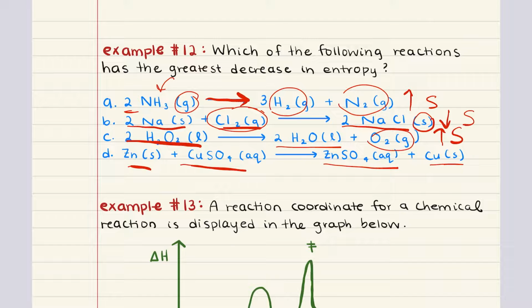Now in reaction D, each side of the equation has a solid and an aqueous component, so there's approximately no change in entropy here. Looking at each reaction, the only one that has a decrease in entropy is answer choice B. So the correct answer for 12 is going to be B.